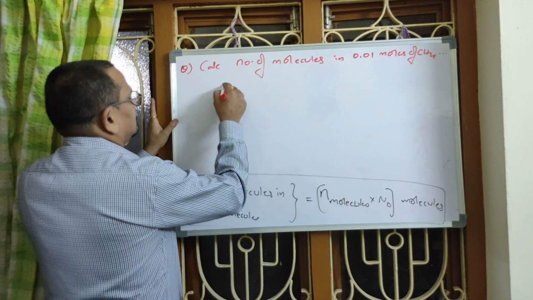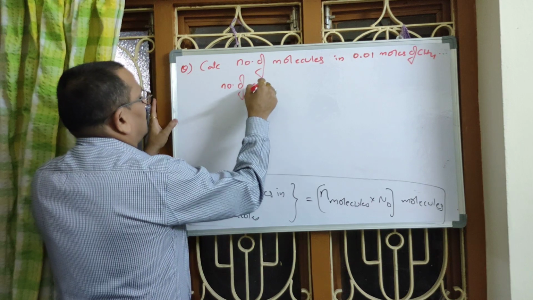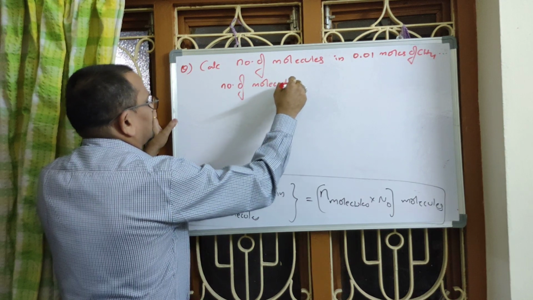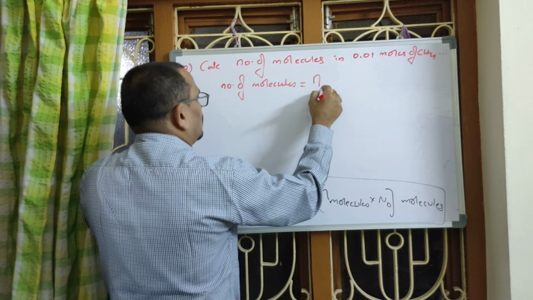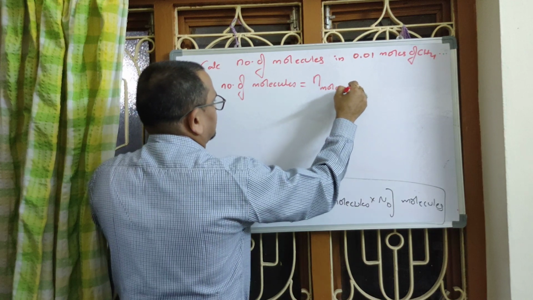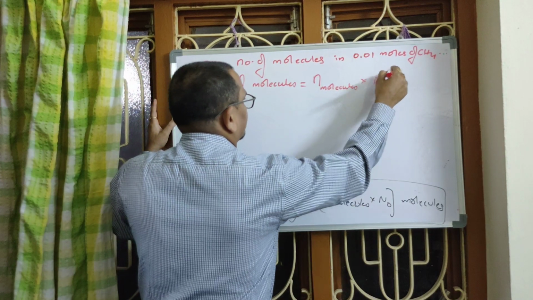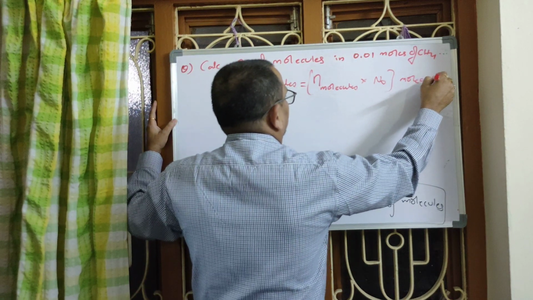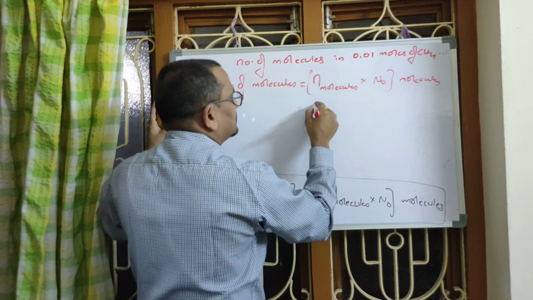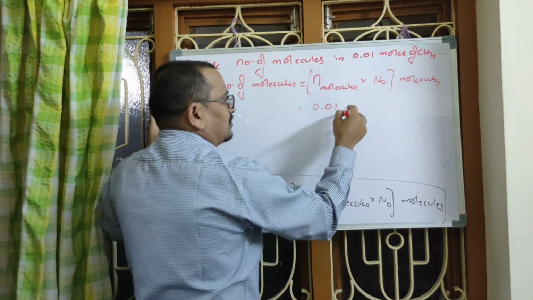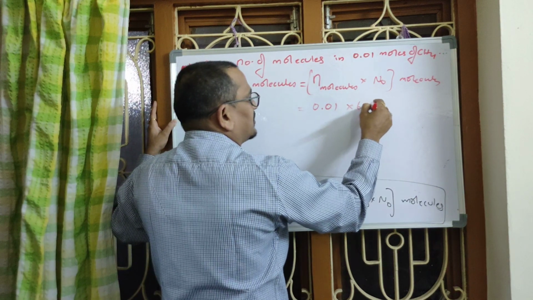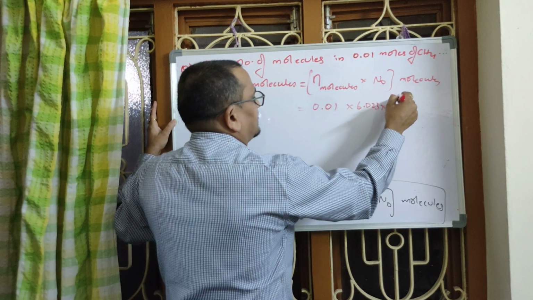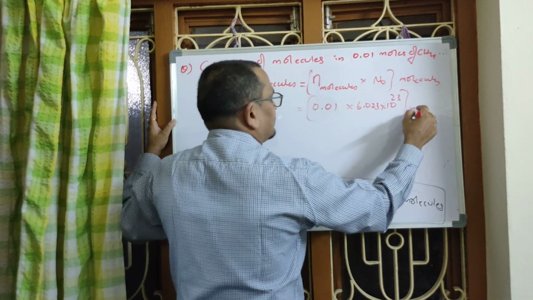Then what's the relation? Number of molecules equals number of moles of molecules into Avogadro number. These many molecules will be present. So what is number of moles of molecules? 0.01 into Avogadro number is 6.023 into 10 power 23 number of molecules.